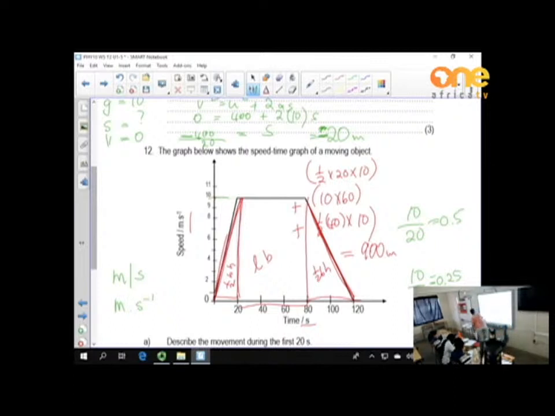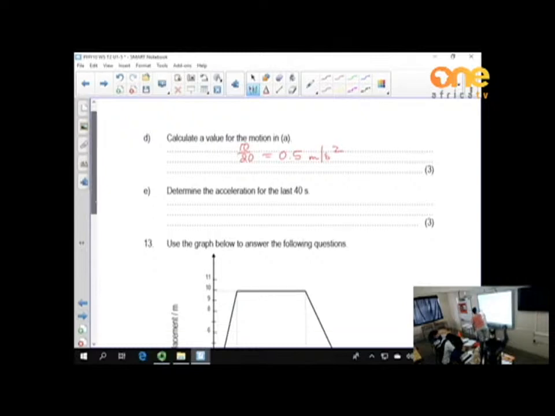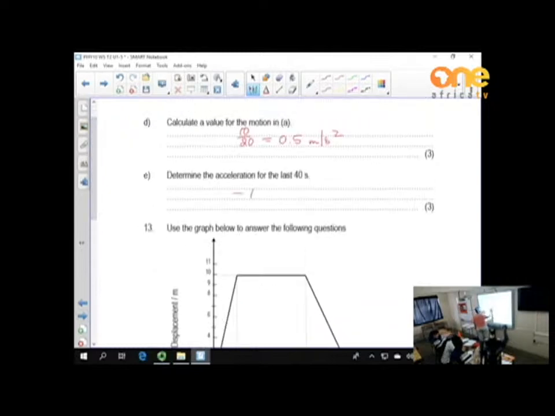And it's actually minus 10 divided by 40, so minus 10 over 40 will give me minus 0.25 meters per second squared. Any questions on that? You should be all right with that.